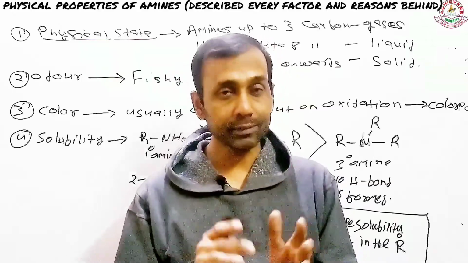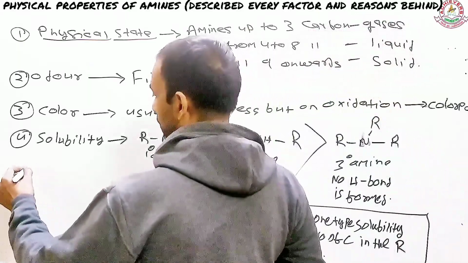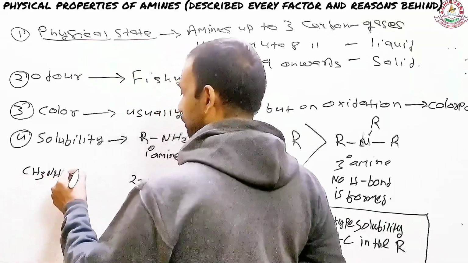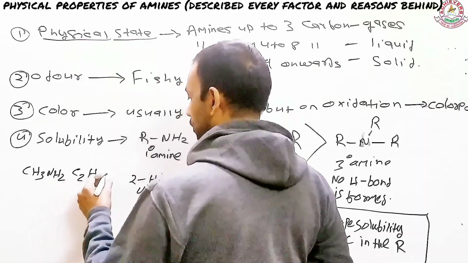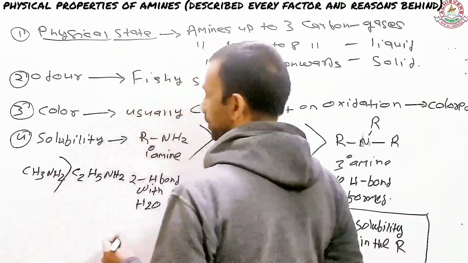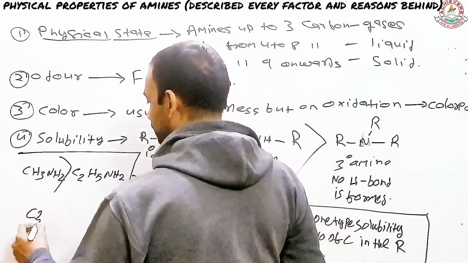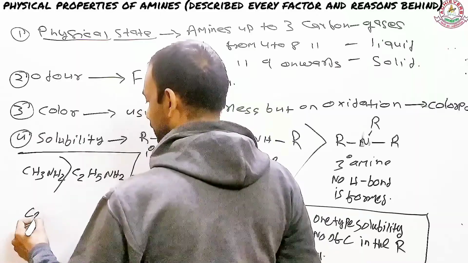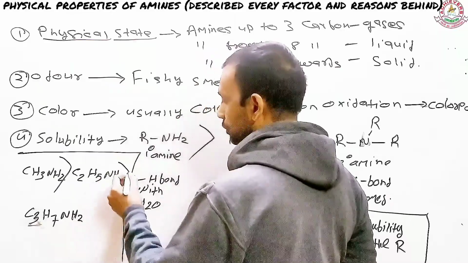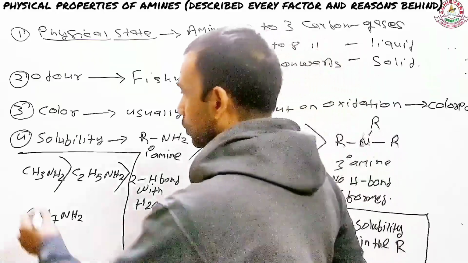Taking CH3NH2, then C2H5NH2, the solubility of methanamine would be higher. And if there is C3H7NH2, the solubility is going to be higher for ethanamine, and then lower for propanamine. So this is also very important.